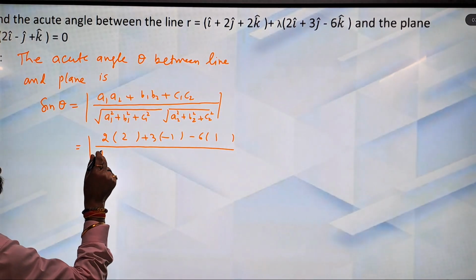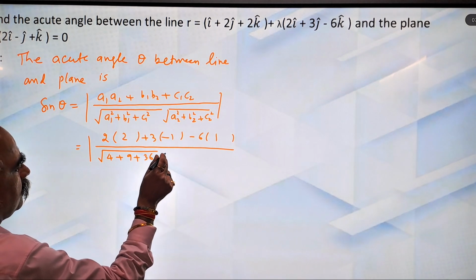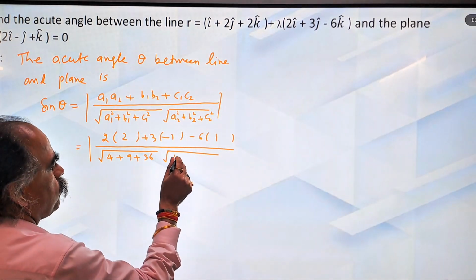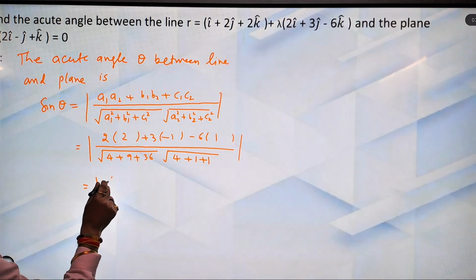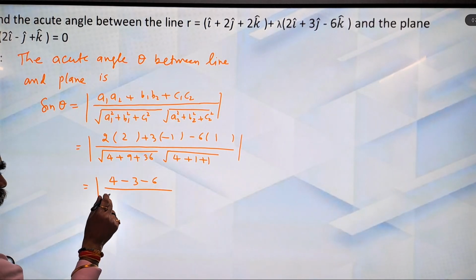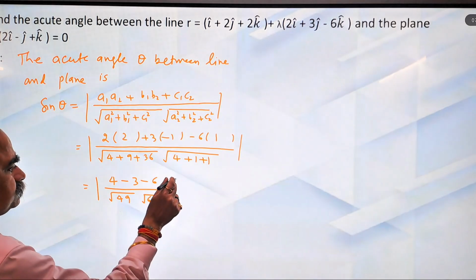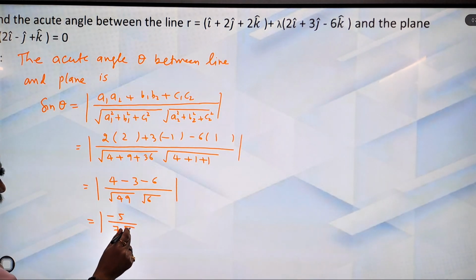Divided by root of (4 + 9 + 36) into root of (4 + 1 + 1). That is (4 - 3 - 6) upon root 49 into root 6, which is -5 upon 7 root 6, so 5 upon 7 root 6.